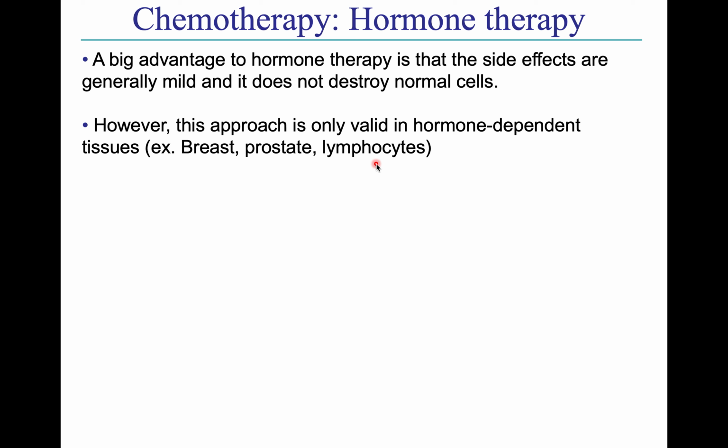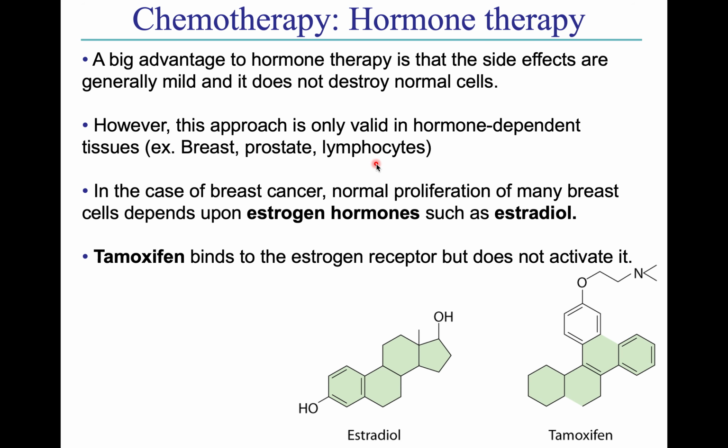So you can think of this as being useful for cancers whose growth is really fed by excess hormone signaling. Just to give you a few examples, there are certain breast cancers that are due to overexpression of the estrogen receptor, right? So they're receiving too much estradiol, estrogen signal, and that's causing those cells to divide too much.